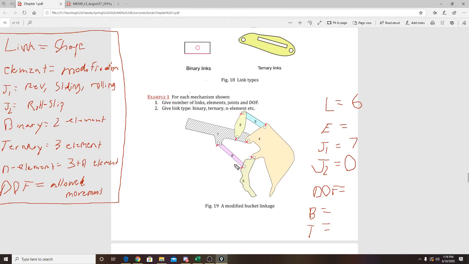So we're going to start with link 1. Is this a binary or ternary link? This one is a ternary link, so I'm going to put a dash mark there. So we have 1. Let's go to 2.